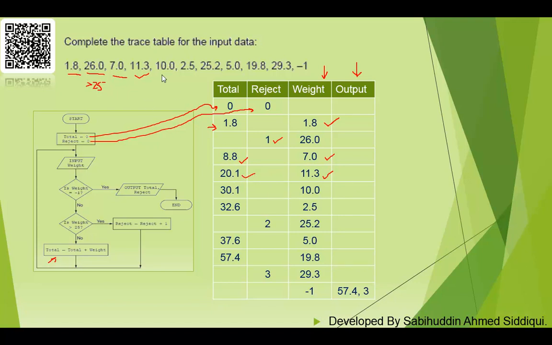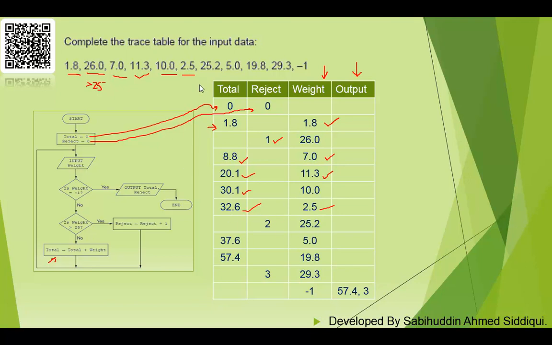Now next is 10 kg, this is added and this becomes 30.1. Then you have added 2.5, this becomes 32.6 kilograms.